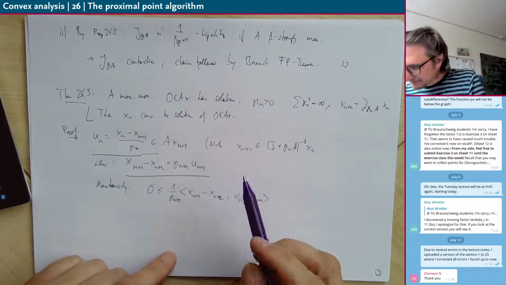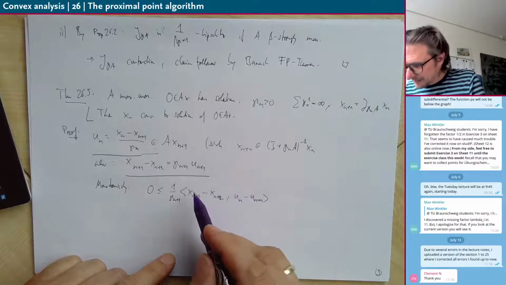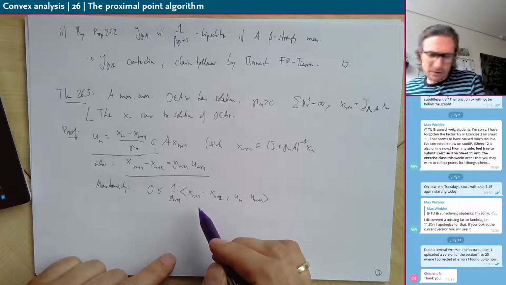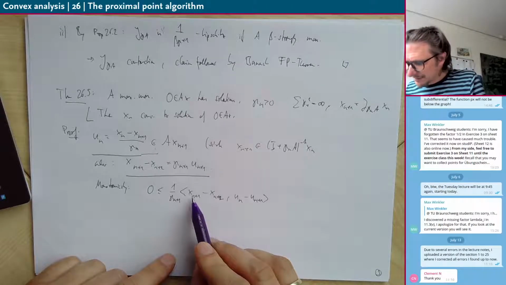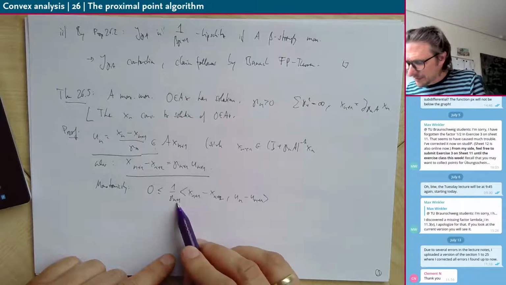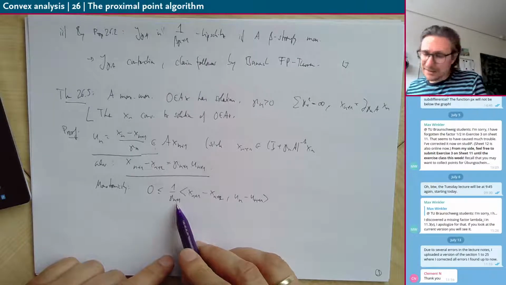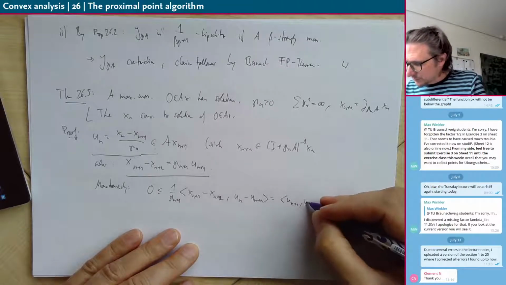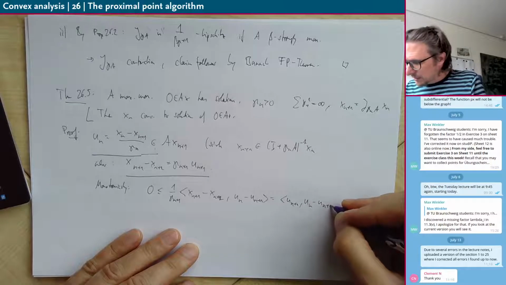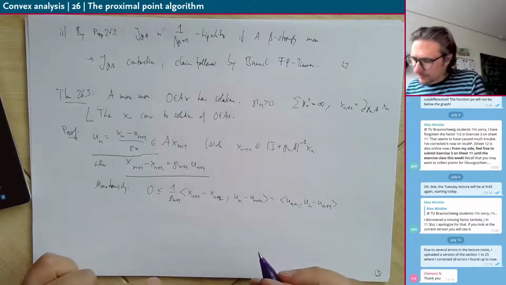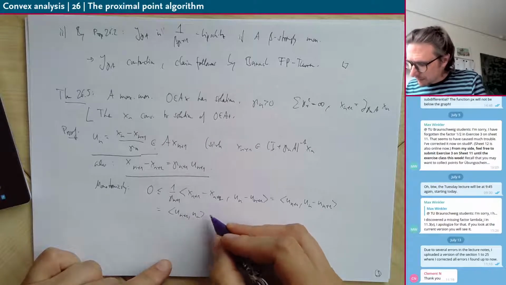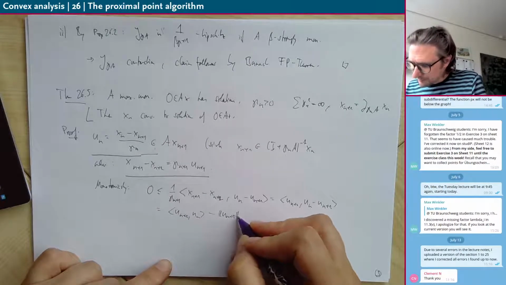Then we take this on the left-hand side: (x_{n+1} − x_{n+2}) divided by γ_{n+1} is exactly u_{n+1}. So this is nothing else than the inner product of u_{n+1} with u_n − u_{n+1}, and this is the inner product of u_{n+1} with u_n minus the squared norm of u_{n+1}.